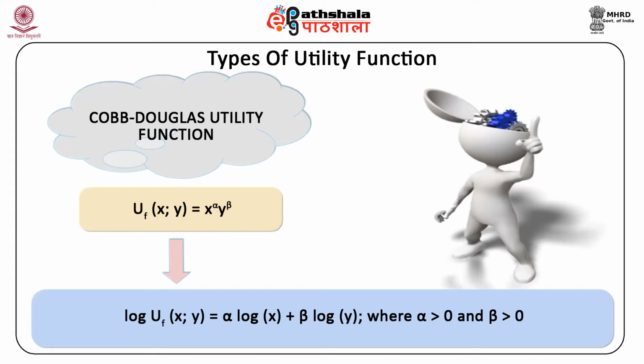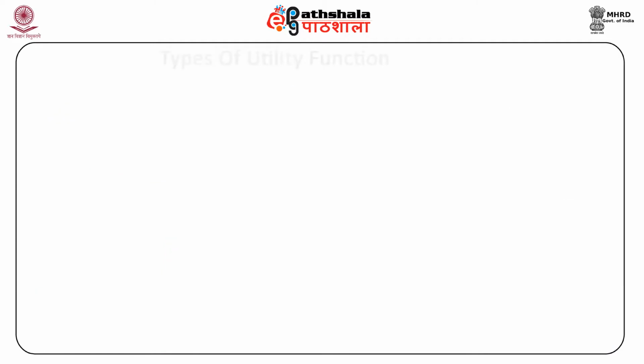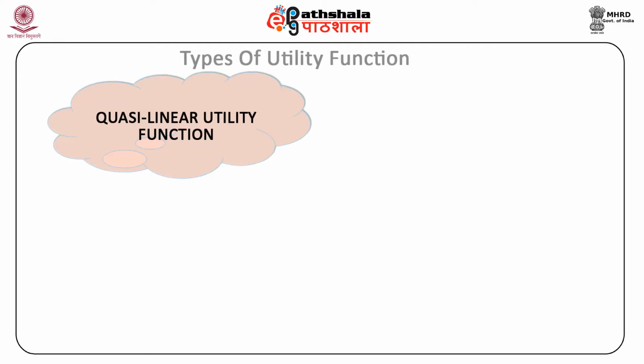The Cobb-Douglas utility function can be expressed in a variety of ways. We have to learn to identify its various forms, as this family of preferences is very widely used in consumer theory.